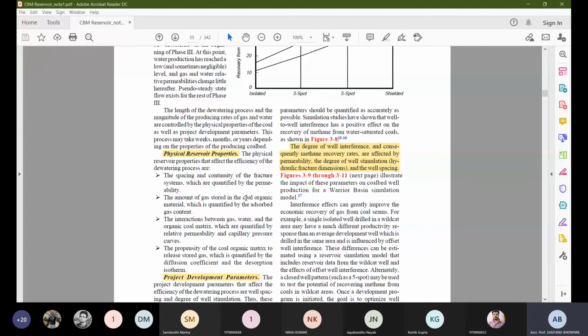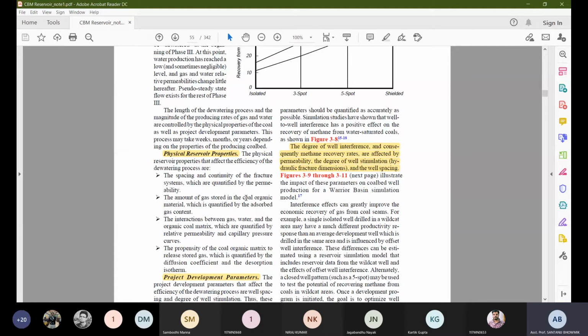Okay. The second point, the amount of gas stored in coal organic material, which is quantified by the adsorbed gas content. That means the amount of gas stored in the coal organic material, the composition, the grade, the type, the rank, everything comes in here.